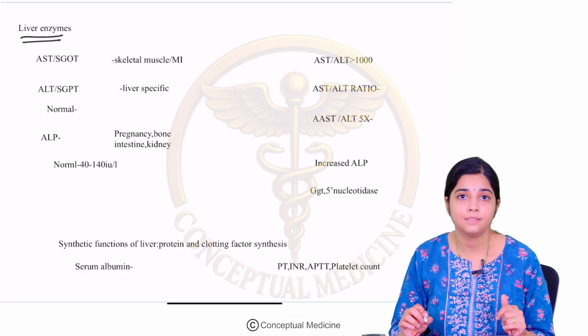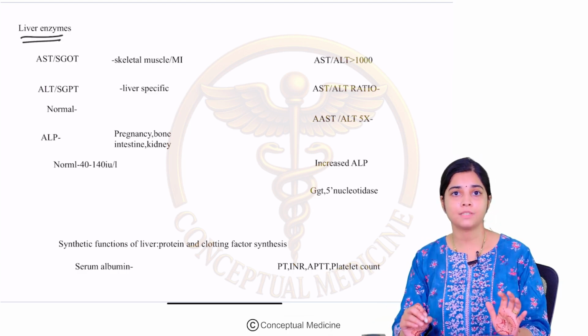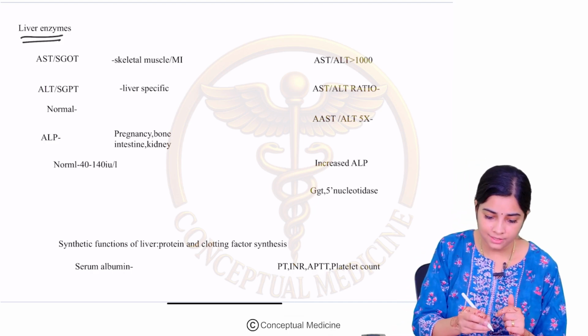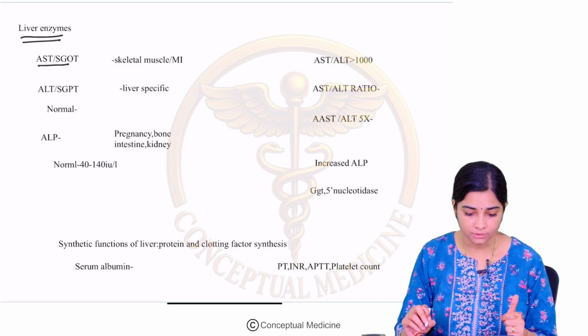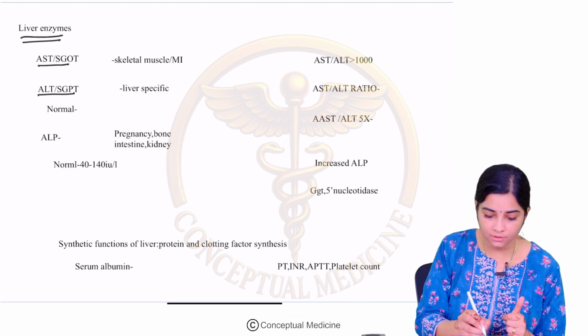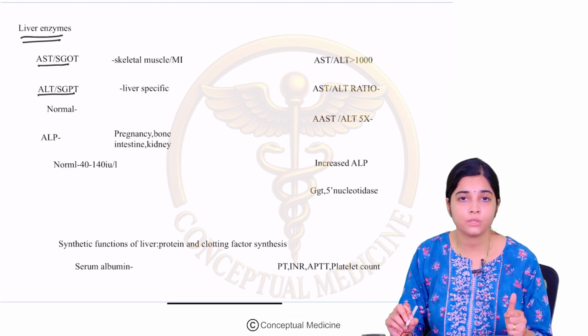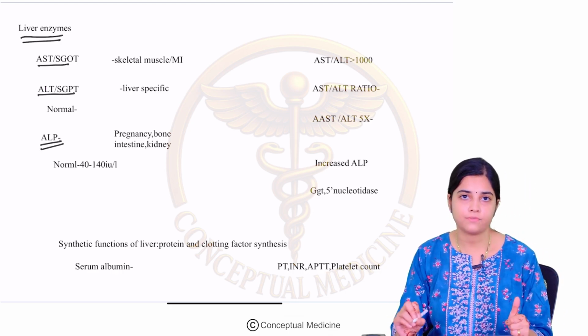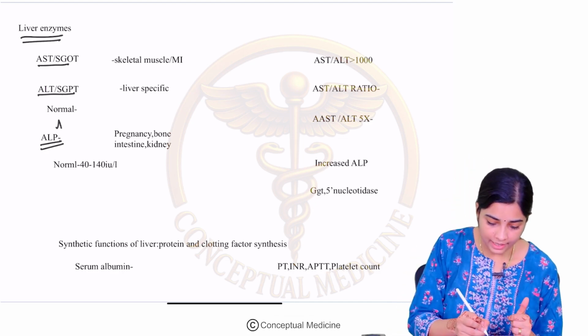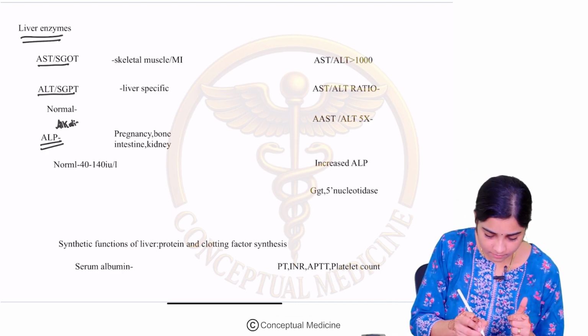When you look at the liver enzymes, these are the enzymes that you should be aware of. First is your aspartate transaminase or SGOT, and the second enzyme is your alanine transaminase or SGPT. The third enzyme is your alkaline phosphatase, ALP.